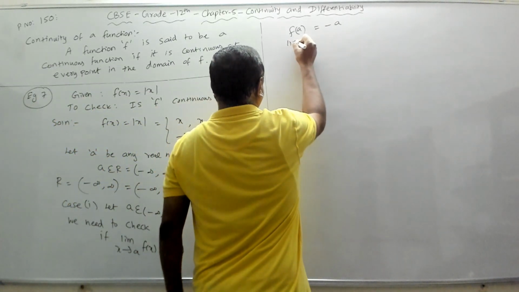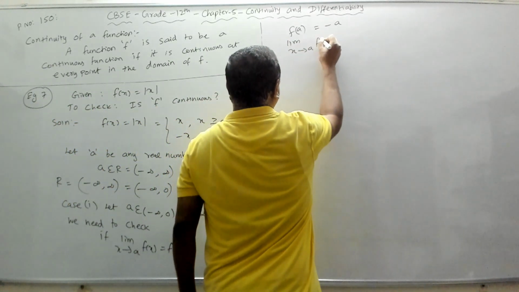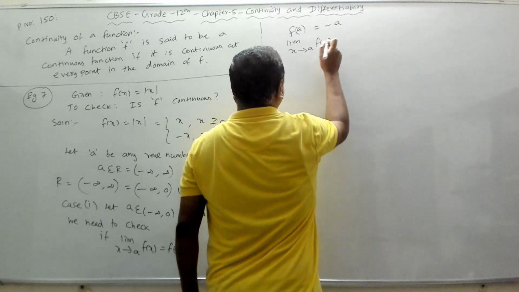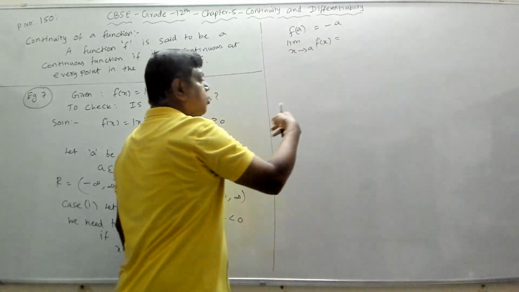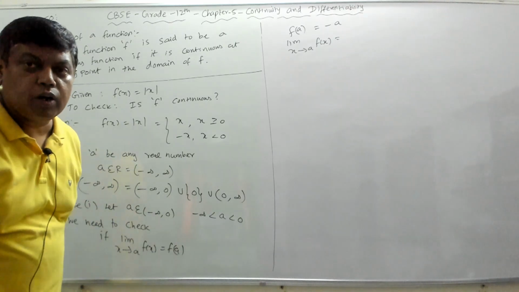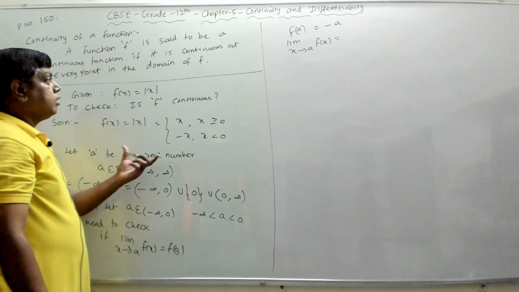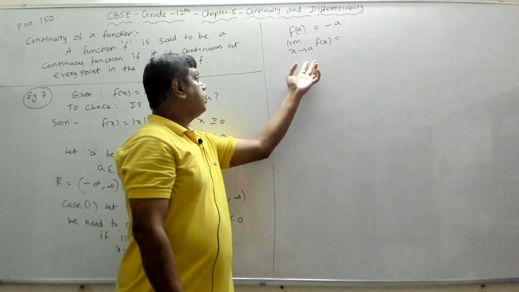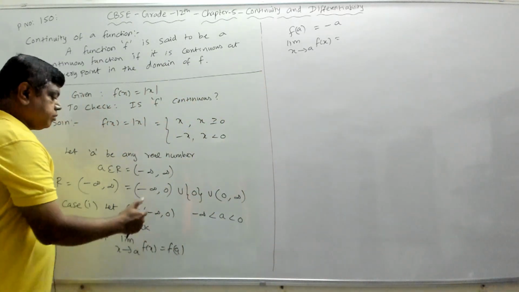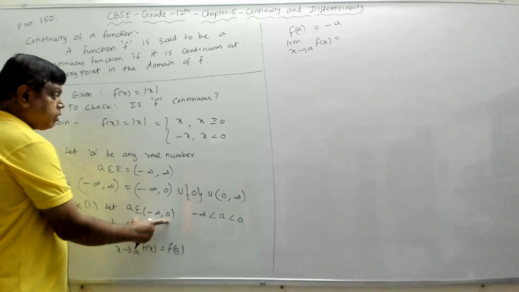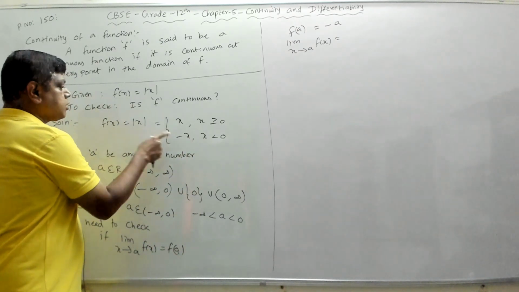Now what is limit x goes to a of f of x? Here we need not go for left hand limit and right hand limit, because your a belongs to this interval, negative numbers, and for negative numbers we know the definition of f of x is minus x.